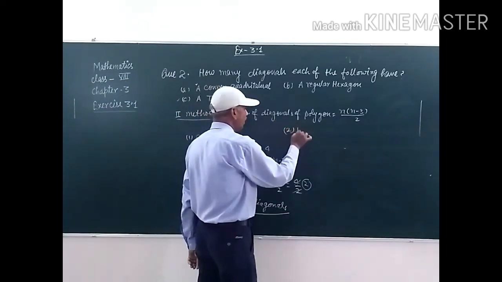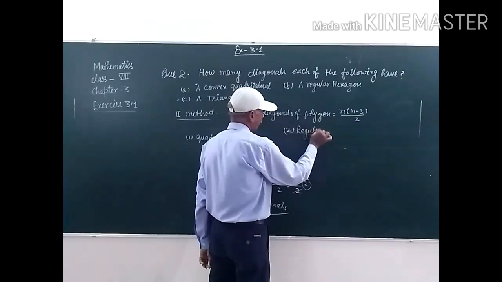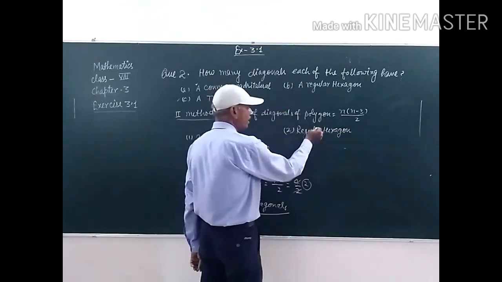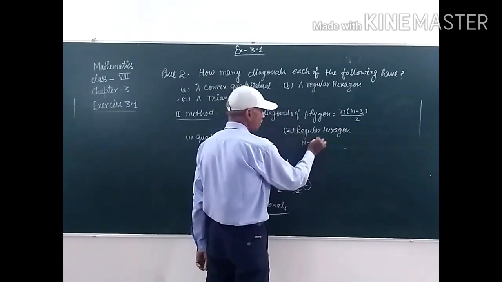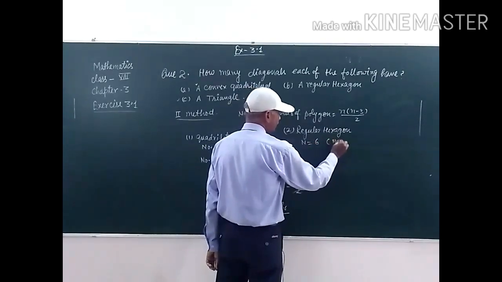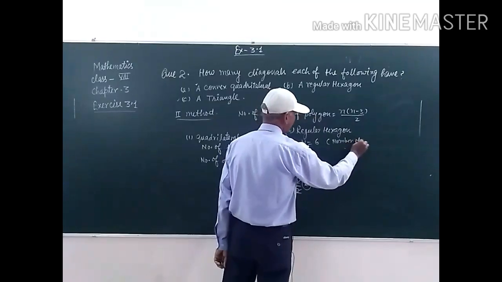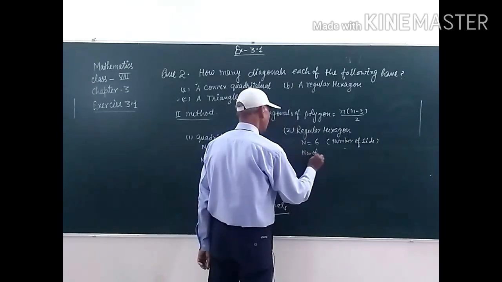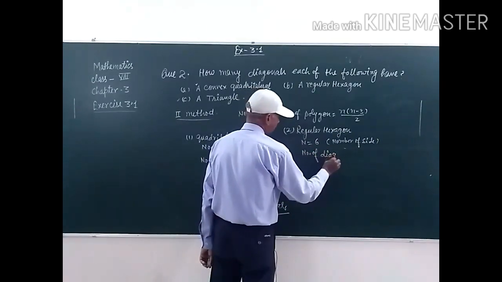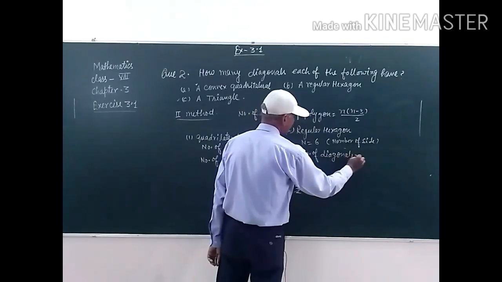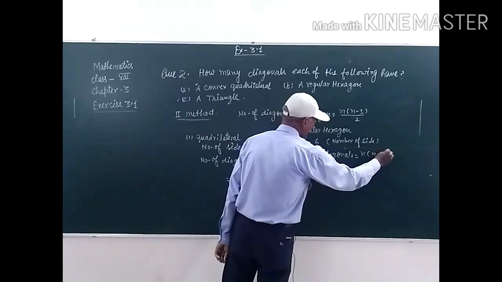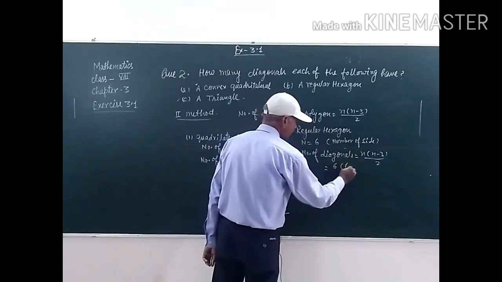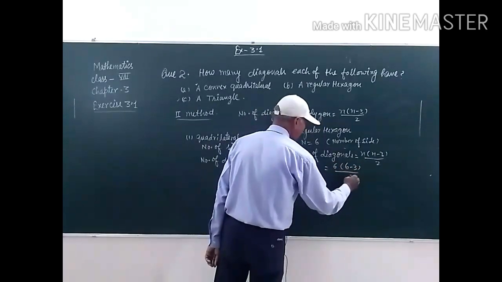The second figure is a regular hexagon. A hexagon is a 6-sided figure. n is equal to 6, the number of sides. So the number of diagonals is equal to n times n minus 3 by 2. n is 6 here, student, so 6 into 6 minus 3 by 2.